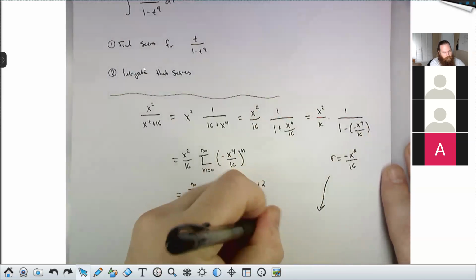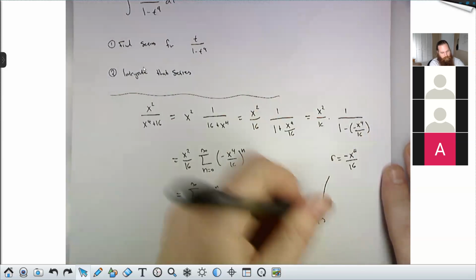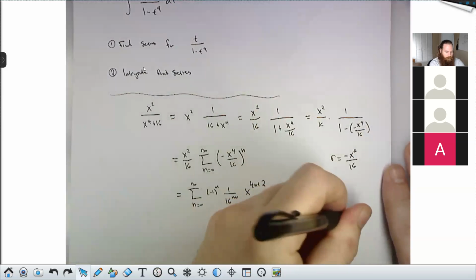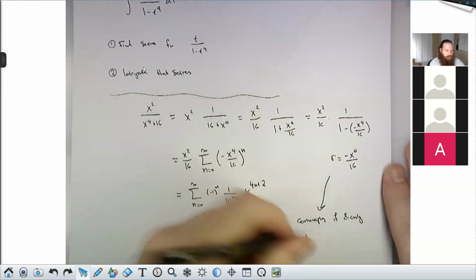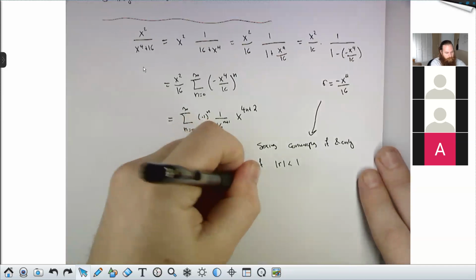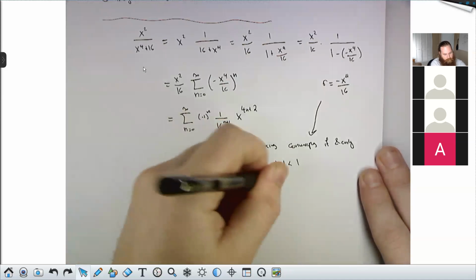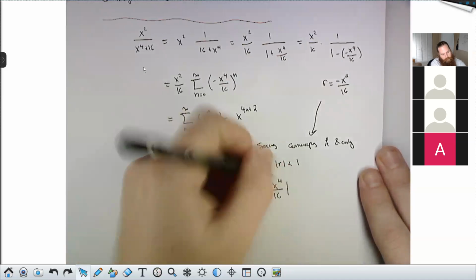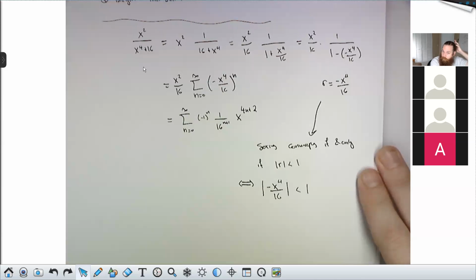So the series converges if and only if the absolute value of r is strictly less than 1, which is the same as saying the absolute value of negative x to the 4 over 16 is strictly less than 1. If you solve this inequality, that will give you your interval of convergence.